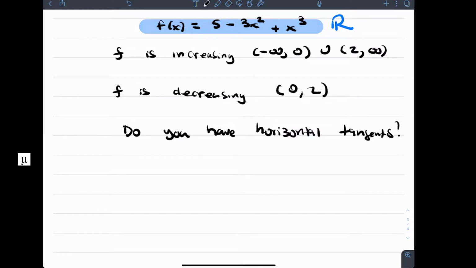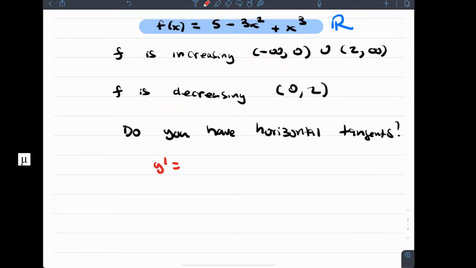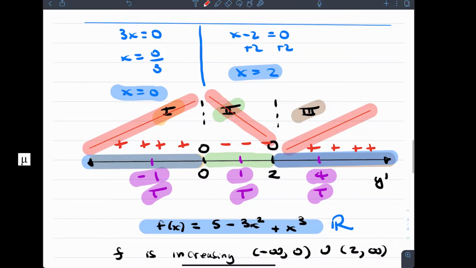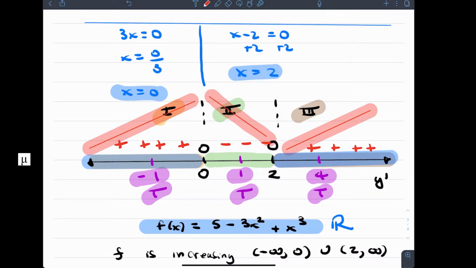Where do you have a horizontal tangent? You guys remember? When the first derivative is 0. Where's your first derivative 0? When x is 0 and x is 2.